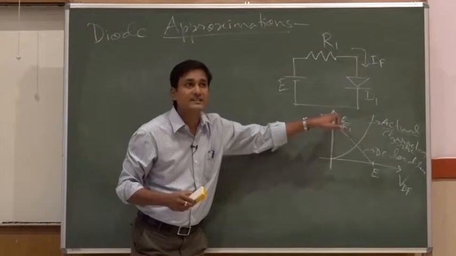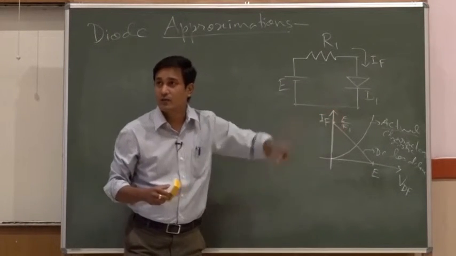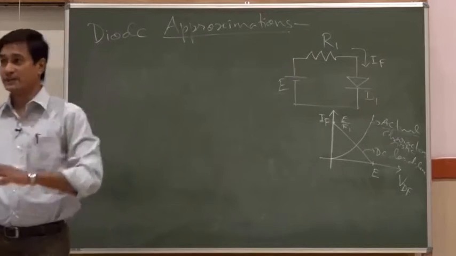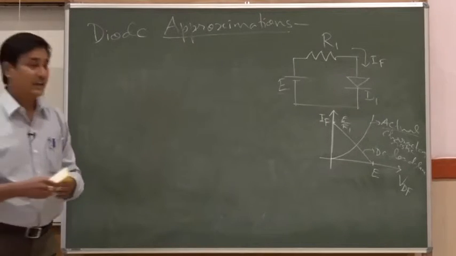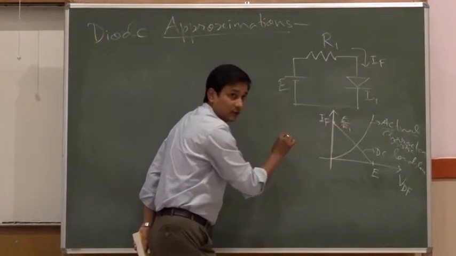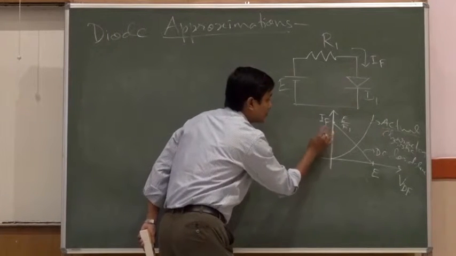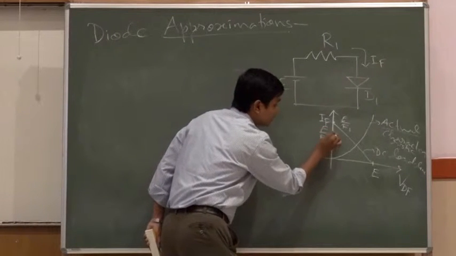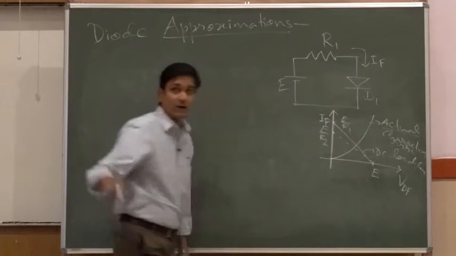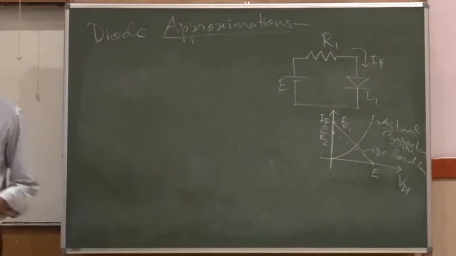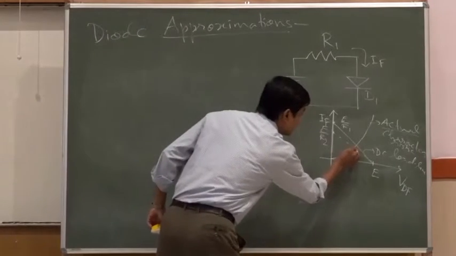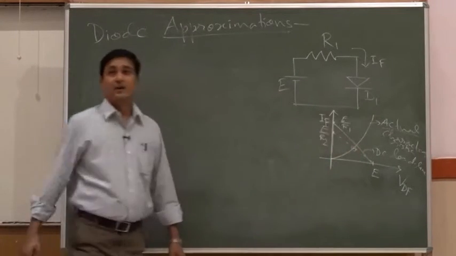Now, if I change the R1 value, this load line will be at a different place. If I increase the R1 value, say R2, it will become E by R2, so another load line will be found for the same driven voltage capital E. The intersection point will then be the Q point or operating point.